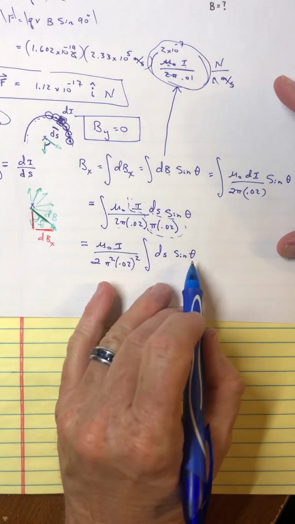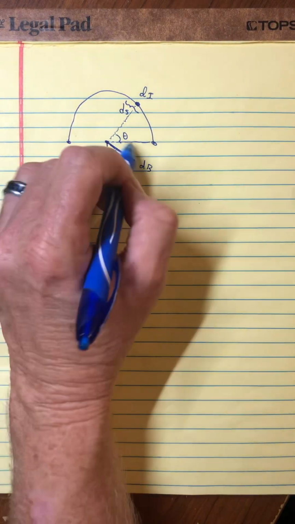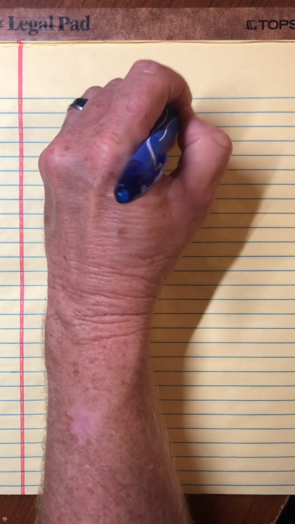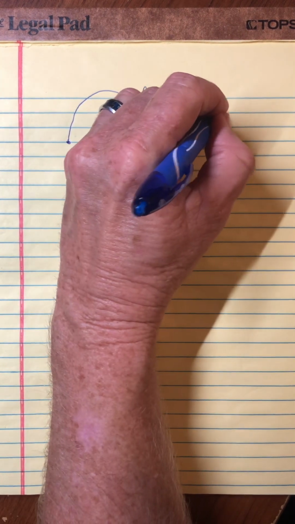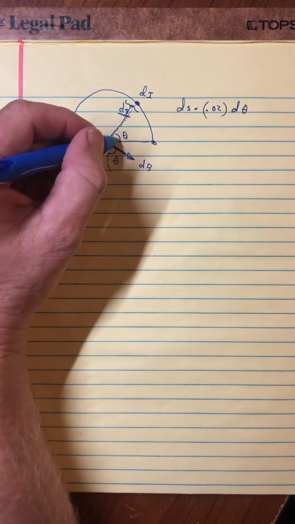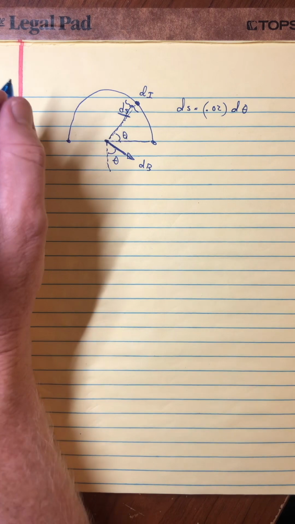And so I could change my thought process from thinking of theta as this angle to thinking of theta as that angle, because we know that the arc of a circle is the radius of the circle, which in our case is 0.02, times a little bit of movement of this arc, d theta. And those are the same angles.